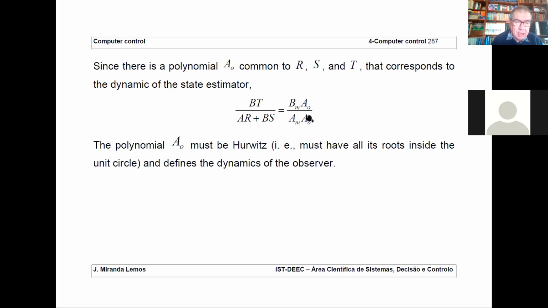Usually we call this observer poles, but actually this is a little bit more general than observer poles, because you will need this term if you want to have causal controllers. So the equation that we are going to solve is not exactly that one, but this one in which we allow some common term here. And this AO must have all its roots inside the unit circle.